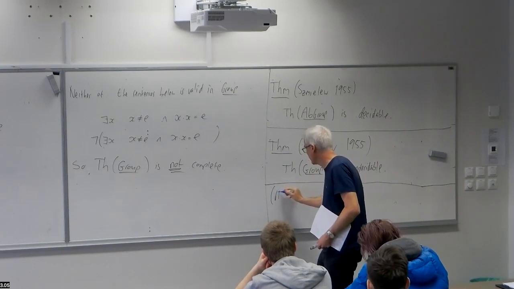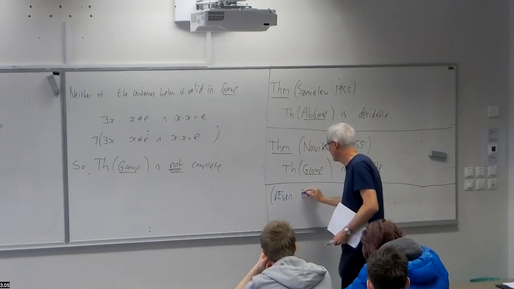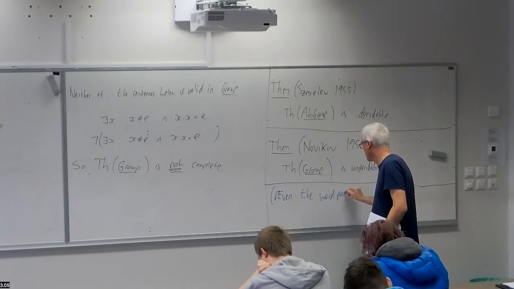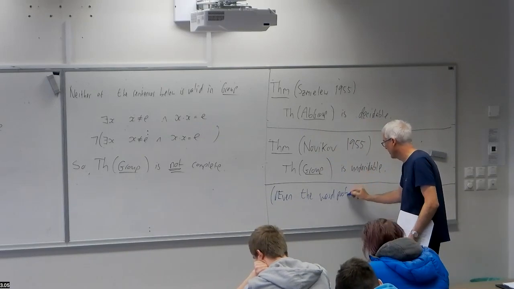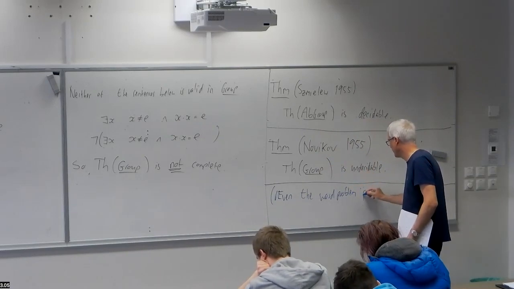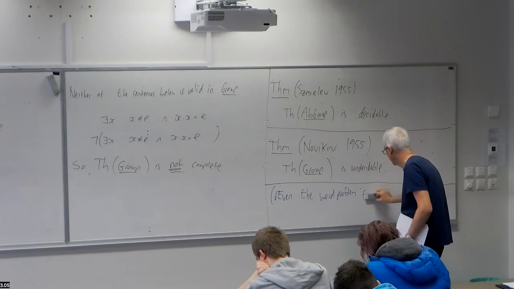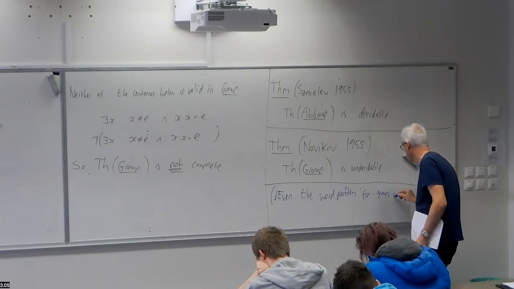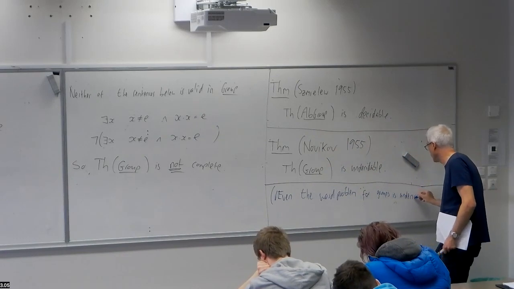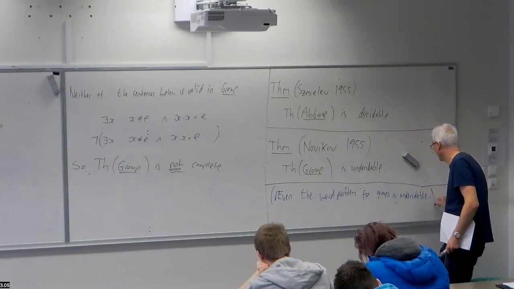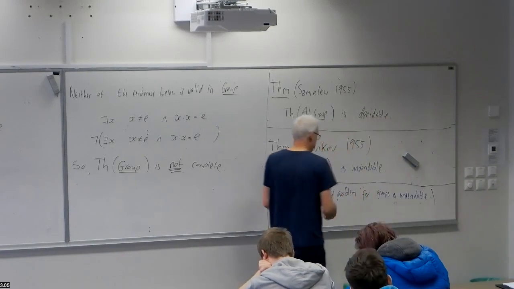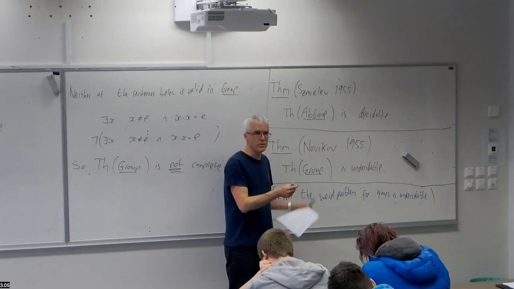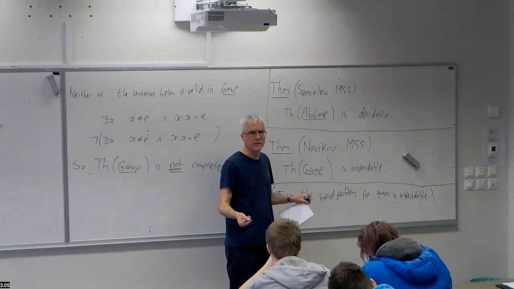So this is called, I'm not going to go into details, the word problem for groups. Even the word problem, which is a special case of this, is undecidable. The word problem is: let's give ourselves some names for some elements of a group, and assume some equalities between them.